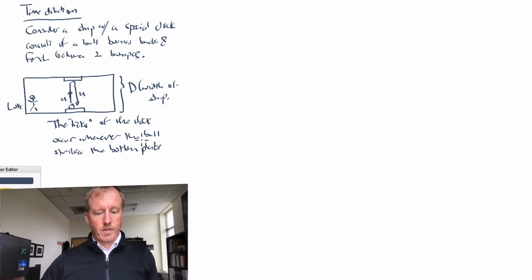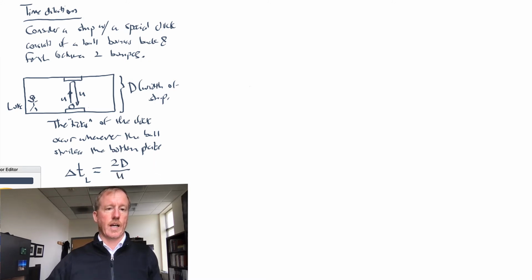So, according to Luke, who's measuring this, we could talk about the difference in time, delta t, as measured on Luke's clock. That's what the subscript L indicates. The time interval between bounces is going to be determined by how far the ball has to go and its speed. In particular, the distance it moves is going to be 2d, and the speed with which it moves is u.